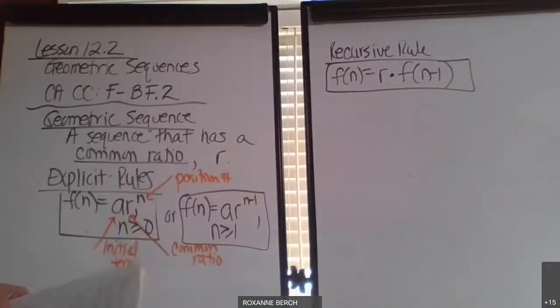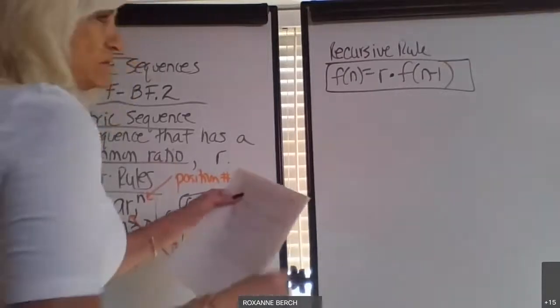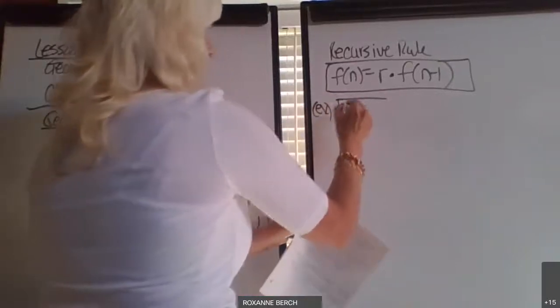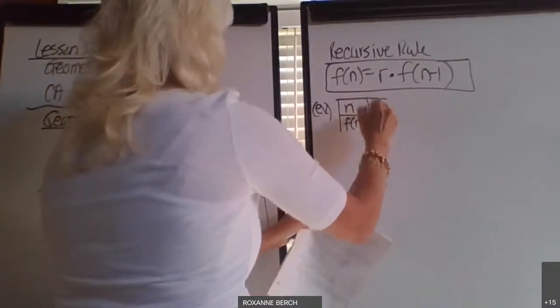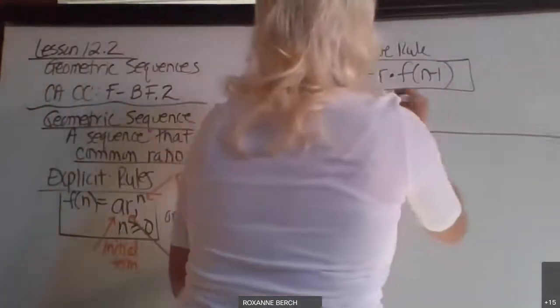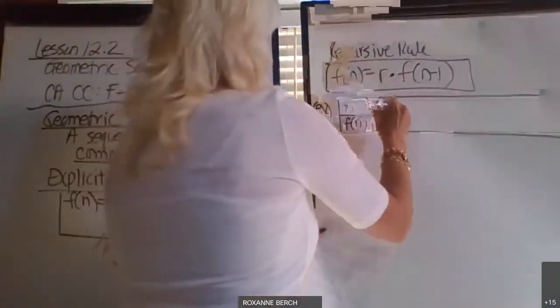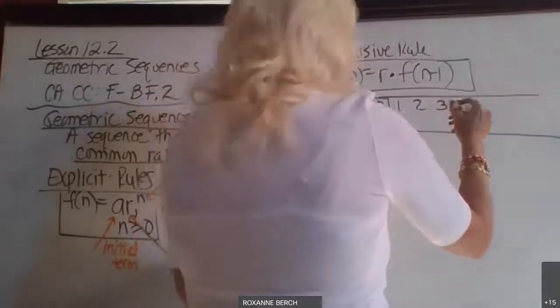So the first thing they want you to do is, given a table, they want you to write both rules. So they give you an x, which is n, and a y, which is f of n. So the positions are 0, 1, 2, 3, 4.